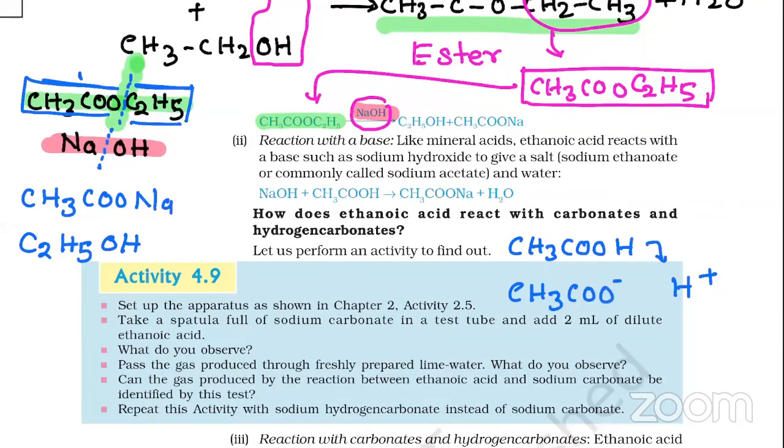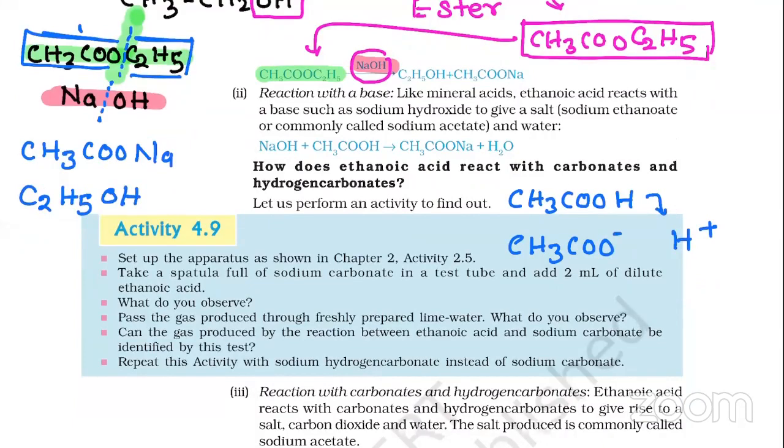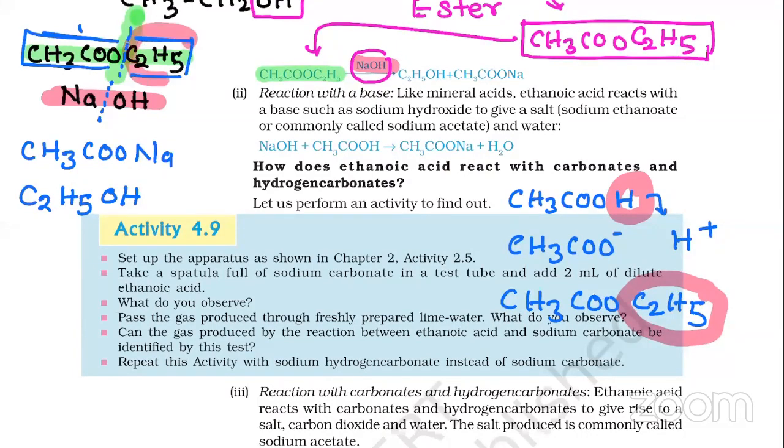So in this compound CH3COOC2H5, can I assume that C2H5 is in place of H? Understood? Okay, so what I am doing is removing C2H5 from there, similar to H plus.